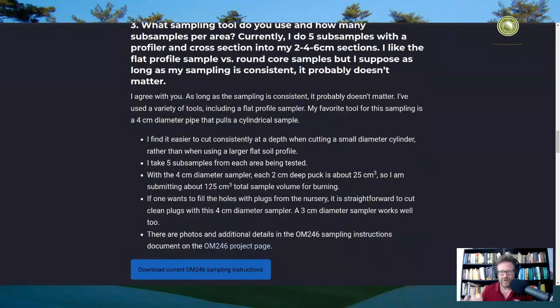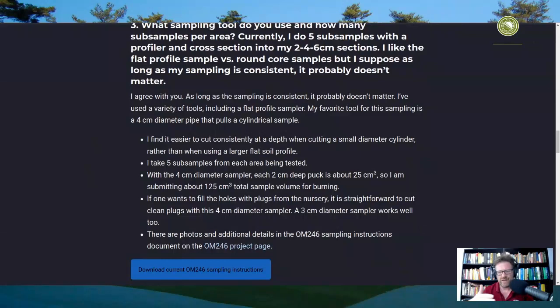And for some reason, when I have a cylindrical sample and just cut straight through it, like I'm cutting little pucks of turf off, like little hockey pucks, I'm pretty confident that I'm getting a nice sample there, and that I'm getting a good depth.